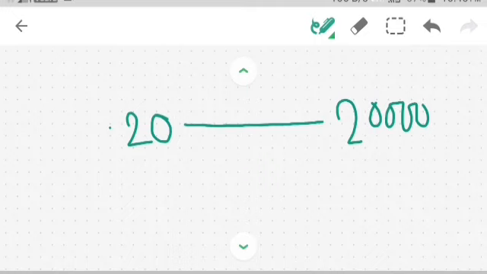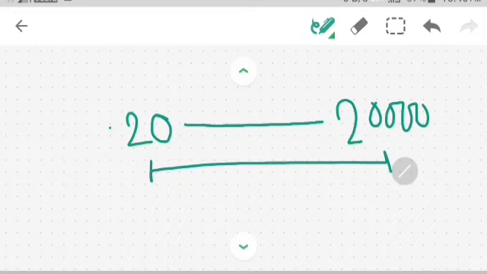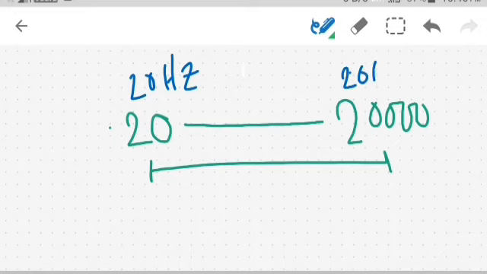So if some object is vibrating from 20 times to 20,000 times, we can hear it. So this is the range of audible sound. That means human beings can hear the sound if some vibrating object is oscillating 20 to 20,000 times in a second. So this is 20 hertz, which means 20 times vibrating in a second, and this is 20,000 hertz, which means 20,000 times vibrating in a second.